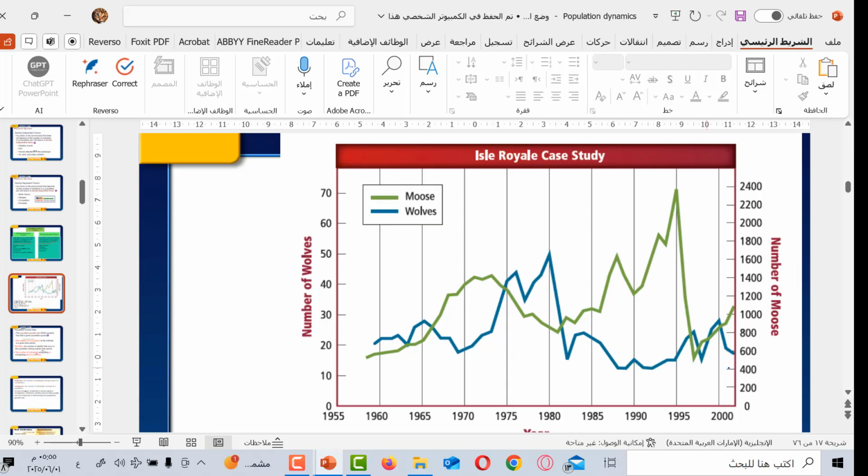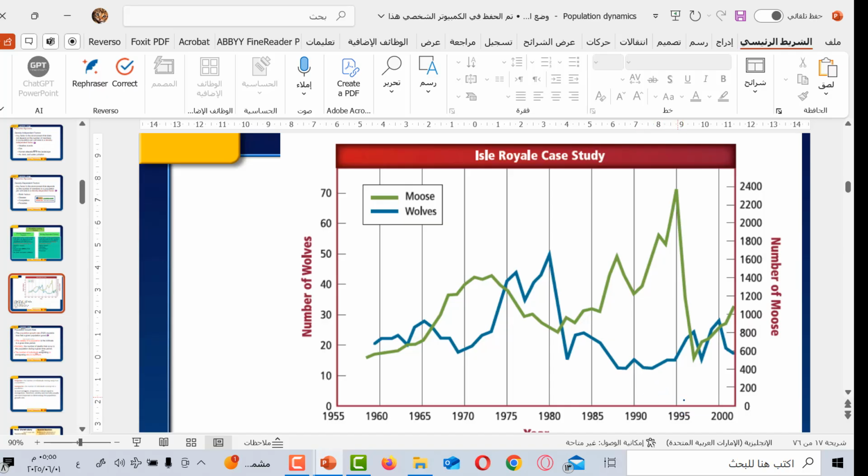Okay, no problem. The question here asks what the relationship is, some examples of test questions. What's the relationship between the moles and wolves? It's predation, it's predation. Okay, this is the first. After that, he can ask in which year the moles have the biggest number.